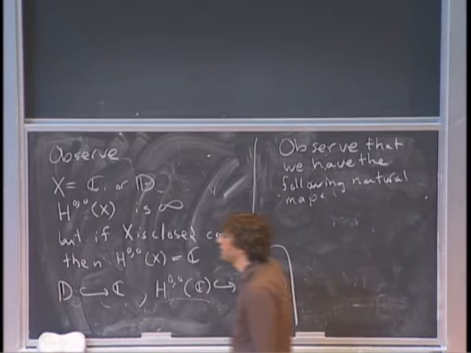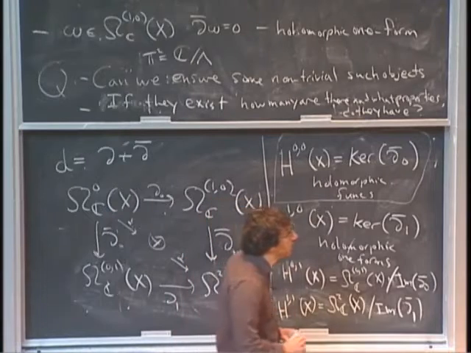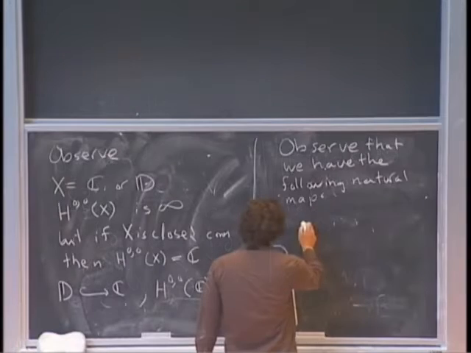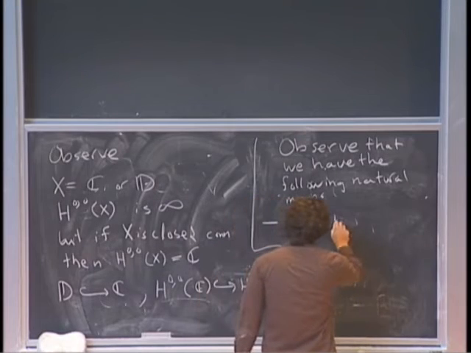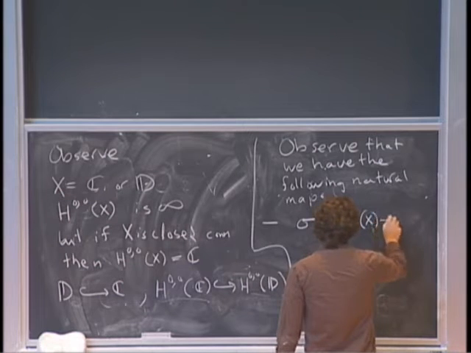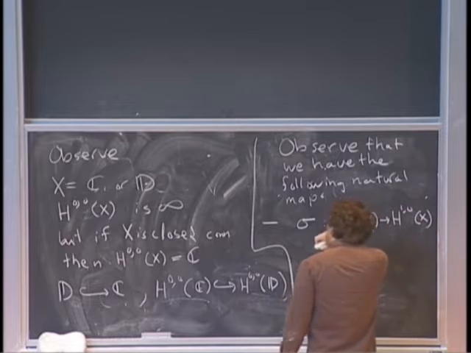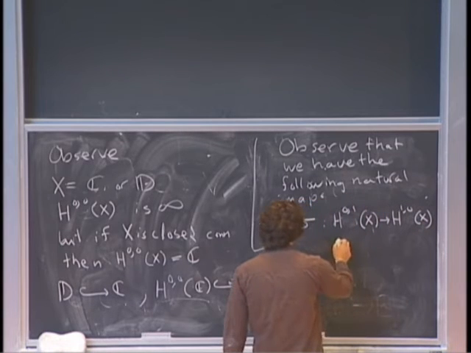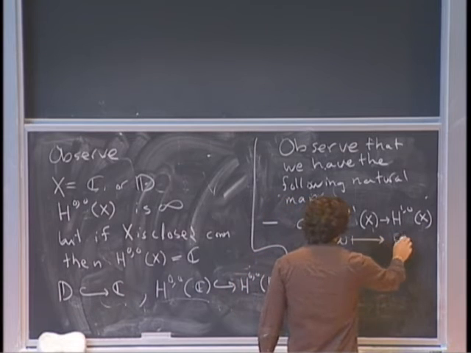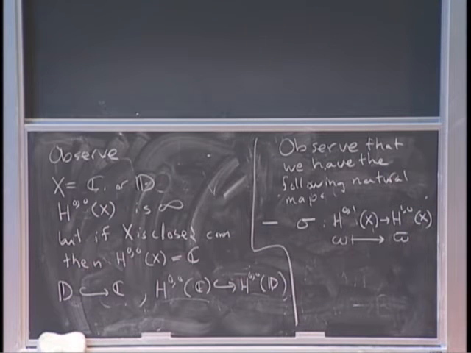Okay, so we're trying to understand the relationship between these various groups. So the first thing is that there exists a map sigma which takes the (0,1) forms of X to the... So the way this works is we start with a (0,1) form omega, and then we send it to its complex conjugate.